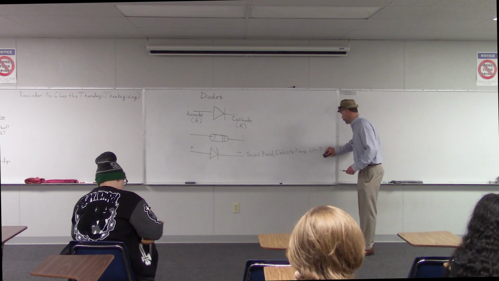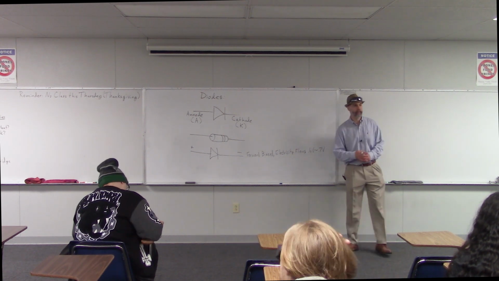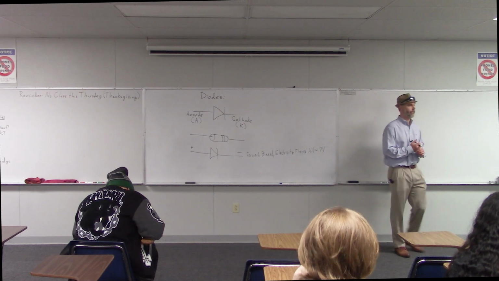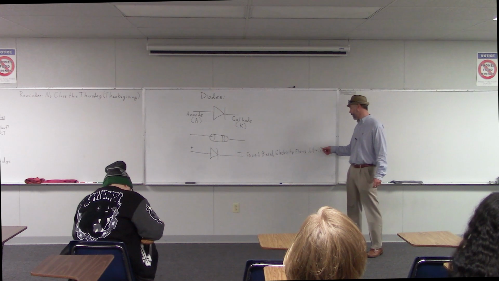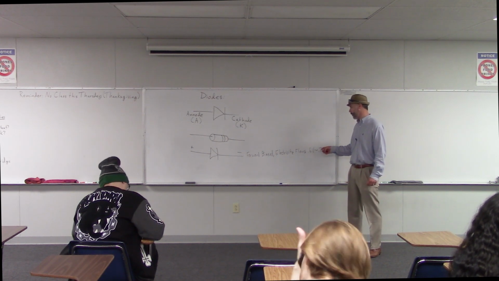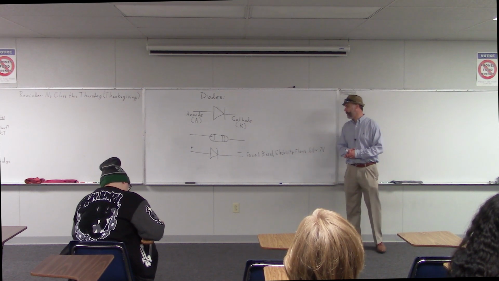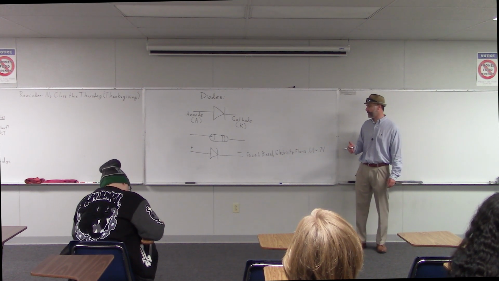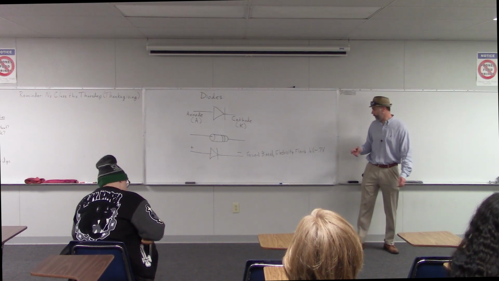And does that voltage change very much depending on how much current is flowing through the diode? No, it's pretty constant. So you could have a small amount of current, and you'd have 0.6, 0.7 volts. You could have a large amount of current. It stays about the same. That's very different from resistors, because in resistors, the voltage is proportional to the current.